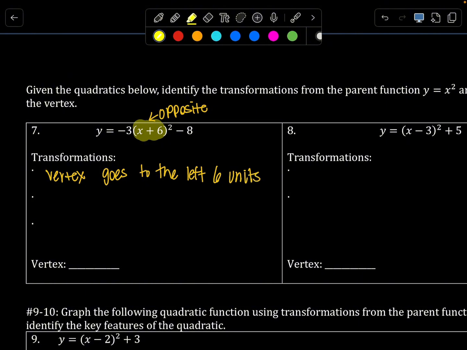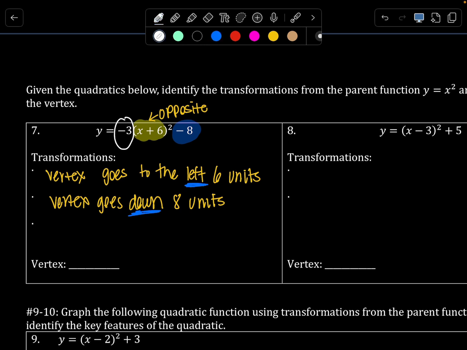And since we have a minus 8 outside, the vertex goes down 8 units. You see how the word left goes with the x's and the y's are with up or down.